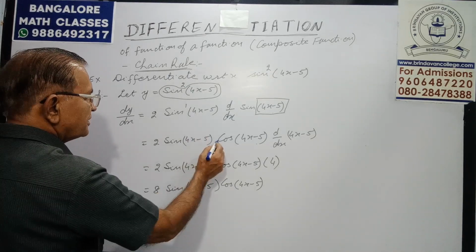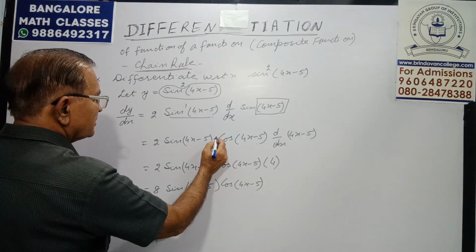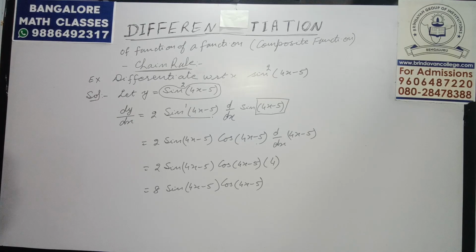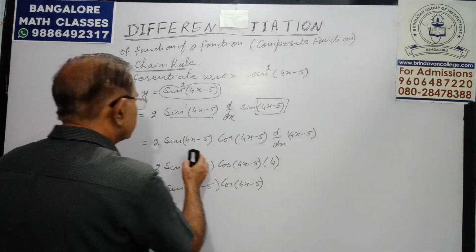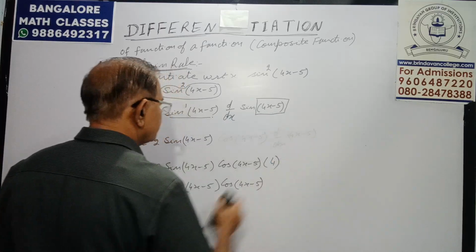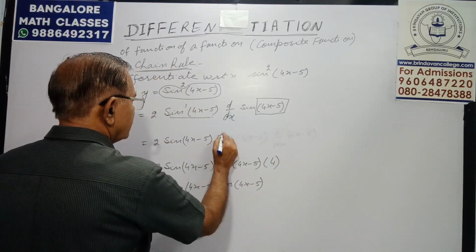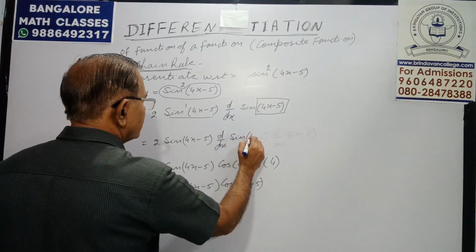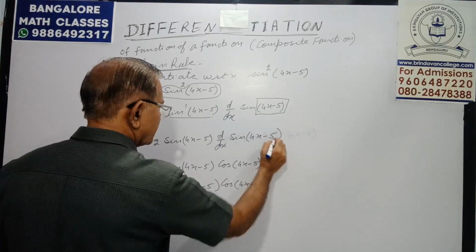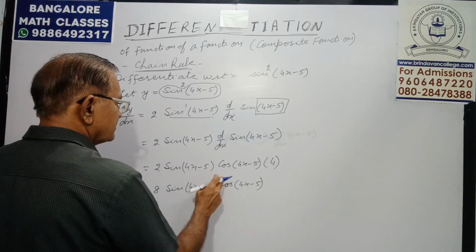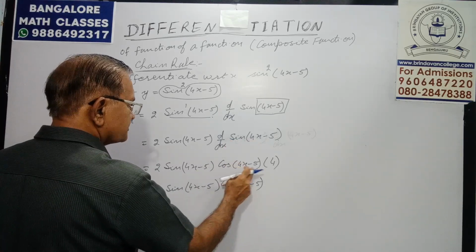Here directly I have gone for d dx of sin x. Better I should have written d dx of sin x and cos x. What I am telling you is, here directly I have written cos x. I should have written d dx of sin 4x minus 5. Then 2 sin x cos x, d dx of sin, that is cos 4x minus 5.